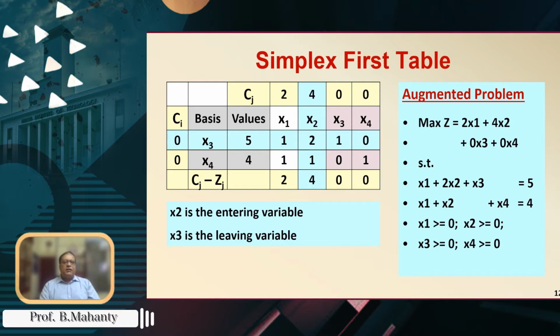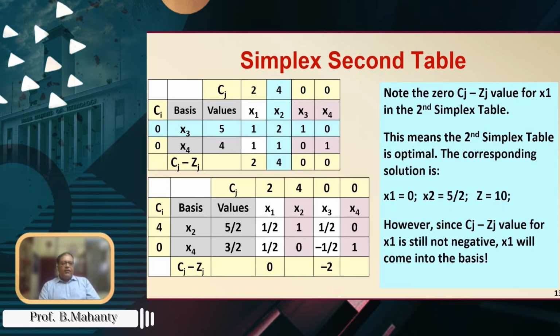In the second table, this is our key row and the intersecting element is 2. So if we divide all the elements by 2, then we have 5 by 2, 1 by 2, 2 by 2 equal to 1, 1 by 2, and 0 by 2 is 0.